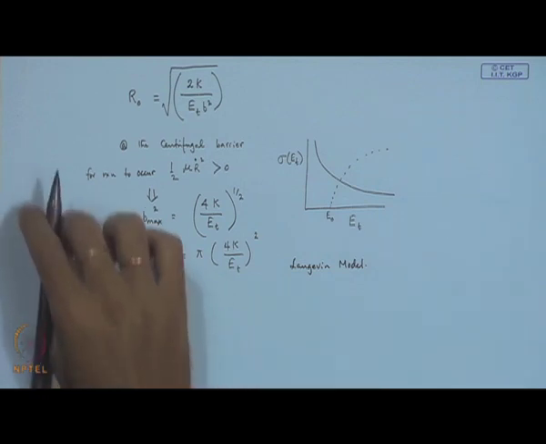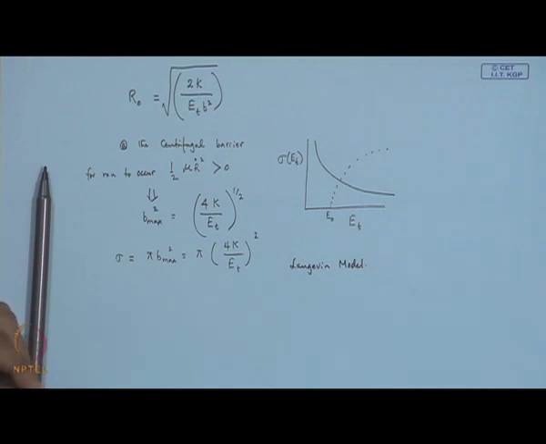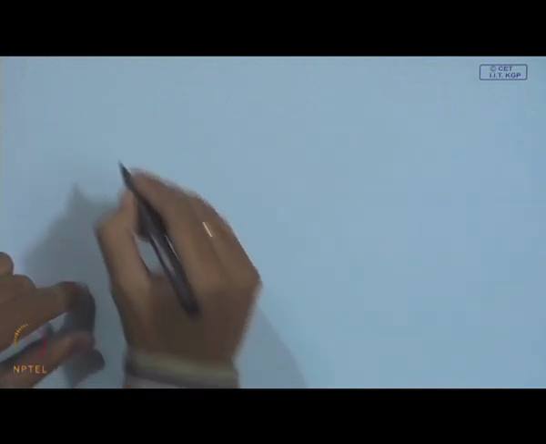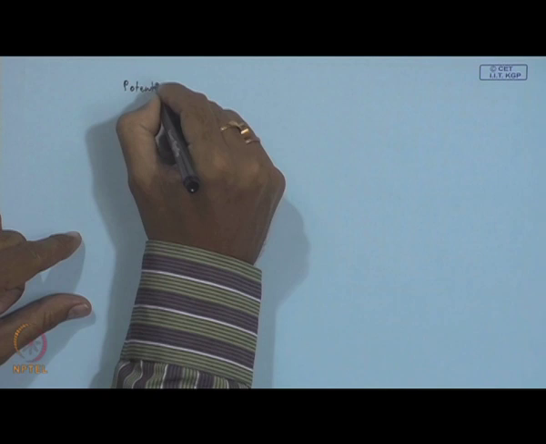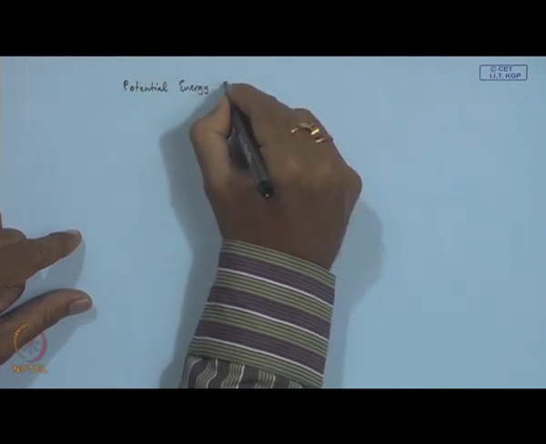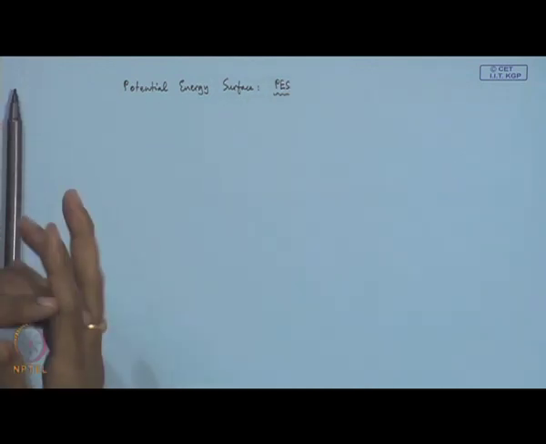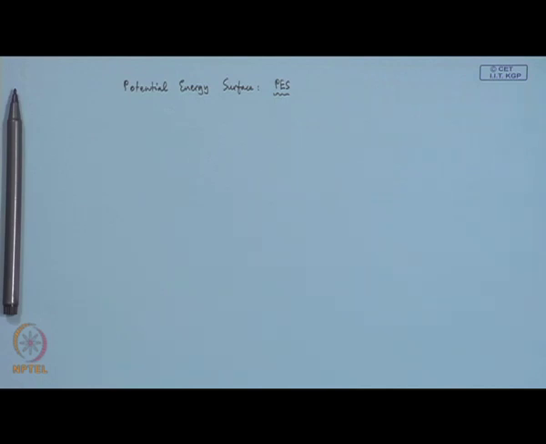Next, we have to start with what is known as the potential energy surface, PES, because to look into the details of the potential energy surface, we have adapted various experimental techniques to obtain details of the population of various nascent rovibrational levels.